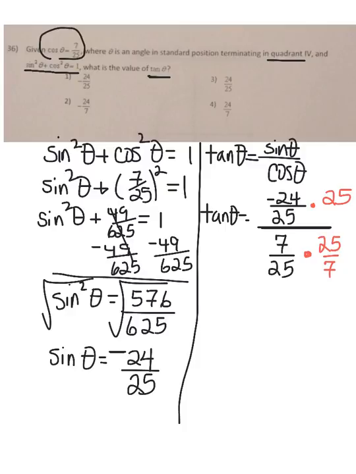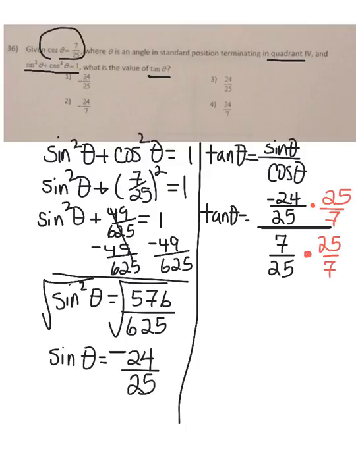So 25 over 7. And the reason why I'm doing this is if you look at what I'm doing, I am taking this denominator, and by keep, change, flipping, it's going to cancel out my 7s, and it's going to cancel out my 25s, and then I just have these two fractions up here multiplied together.